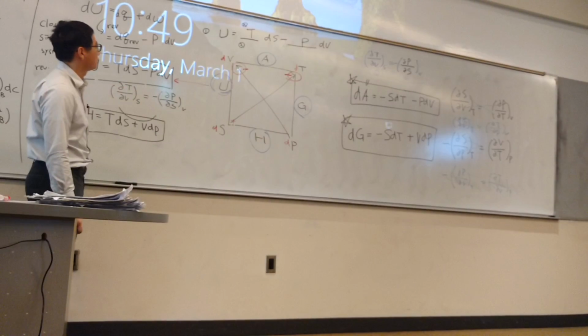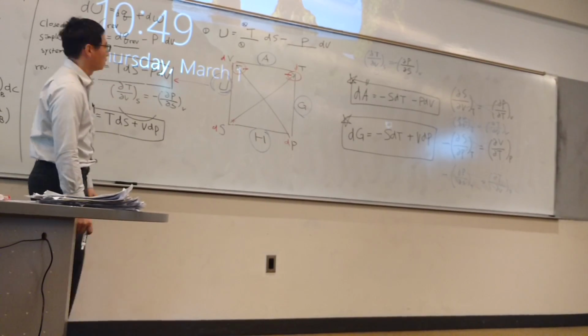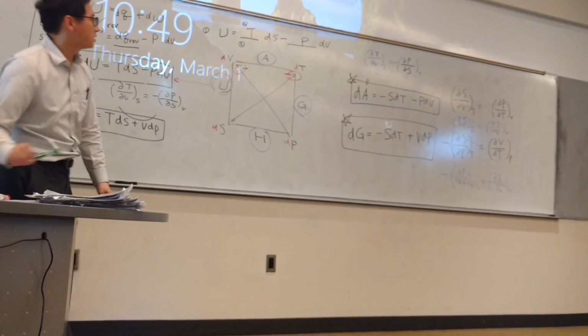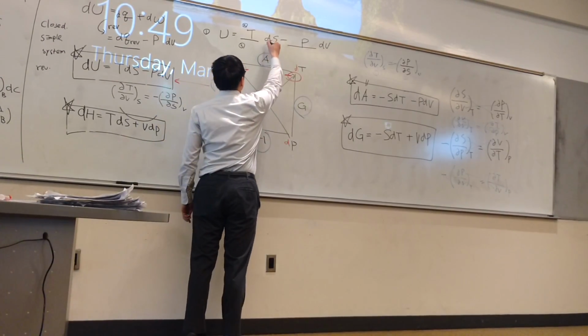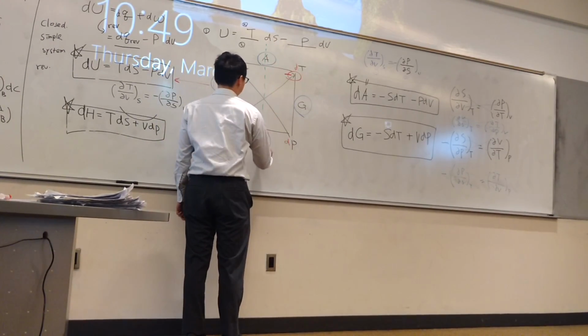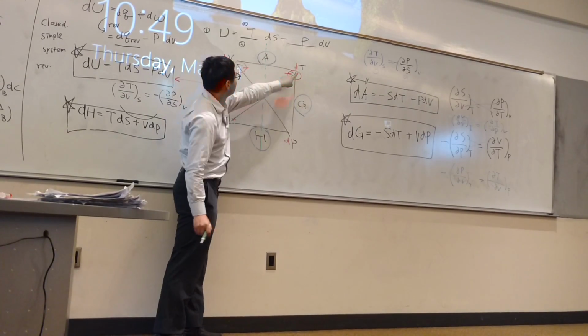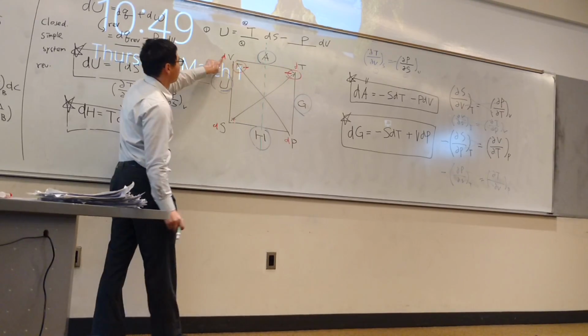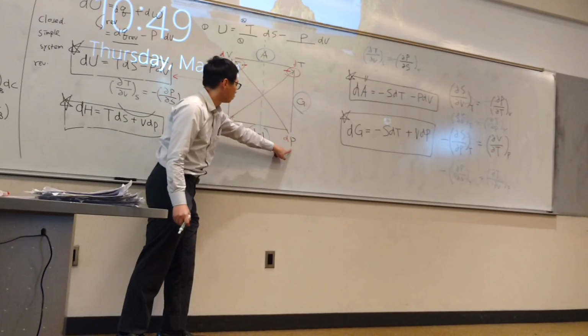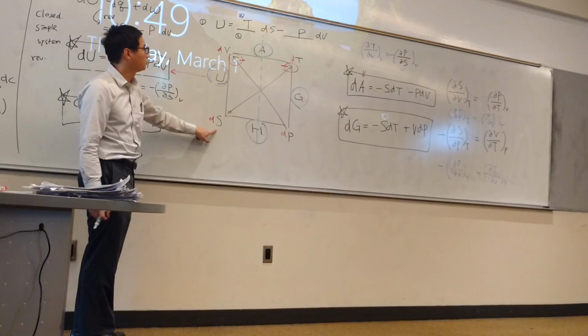T, V, T, S. What you do now is draw a line and look sideways: partial T, partial V, partial P, partial S.